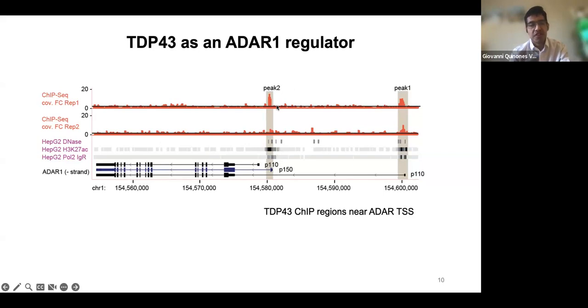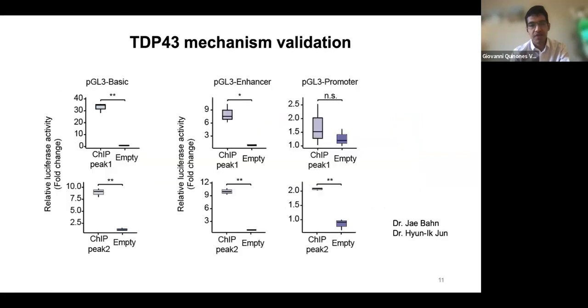And to further validate this mechanism, Dr. Jay Bahn and Dr. Hyunik Jun also performed different reporter assays where we introduce the sequence of the peaks that we found from the TDP43 ChIP-seq into reporter assays containing enhancer promoter sequences.